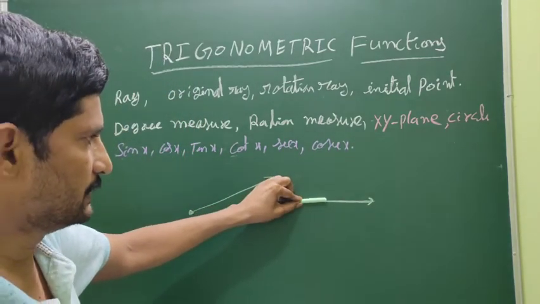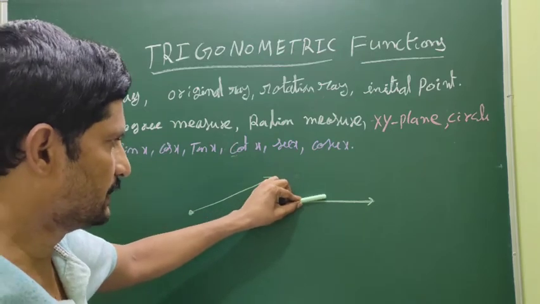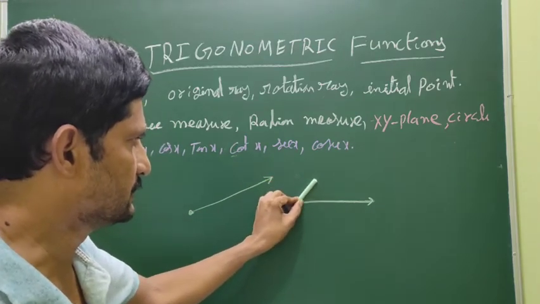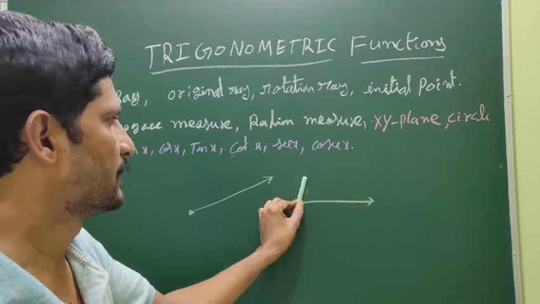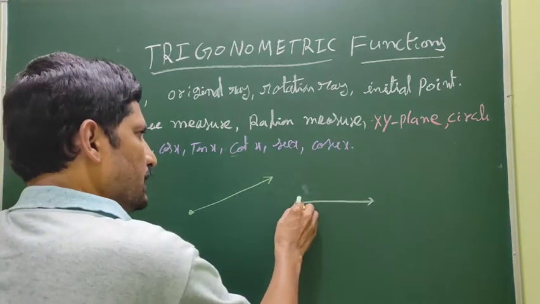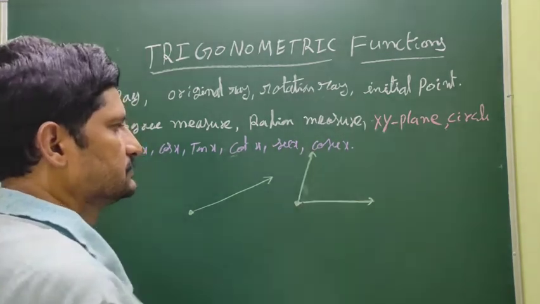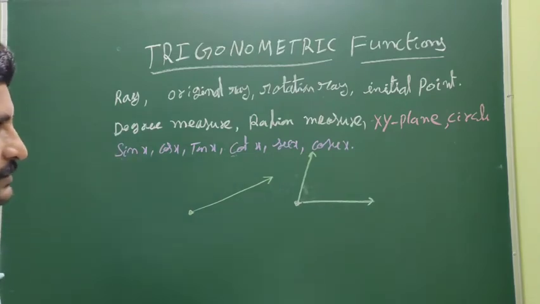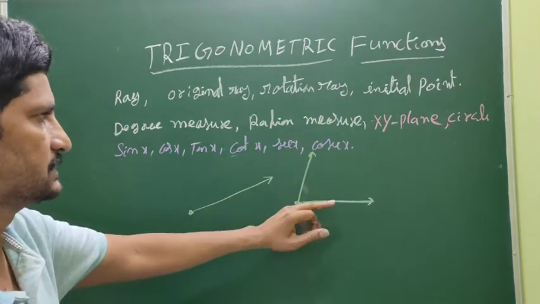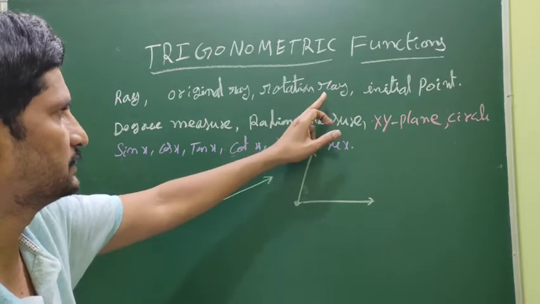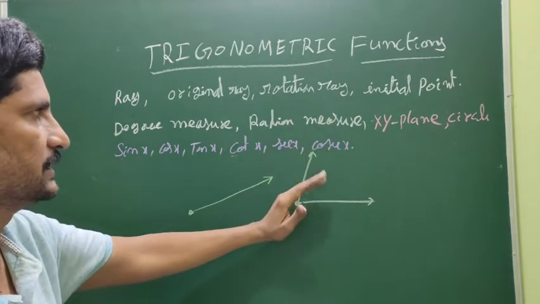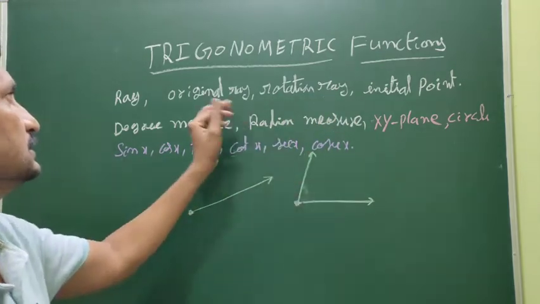Now one ray, this color ray, can move like this. Here is the ending point. It is moving. This is the rotation ray. This is the original ray.